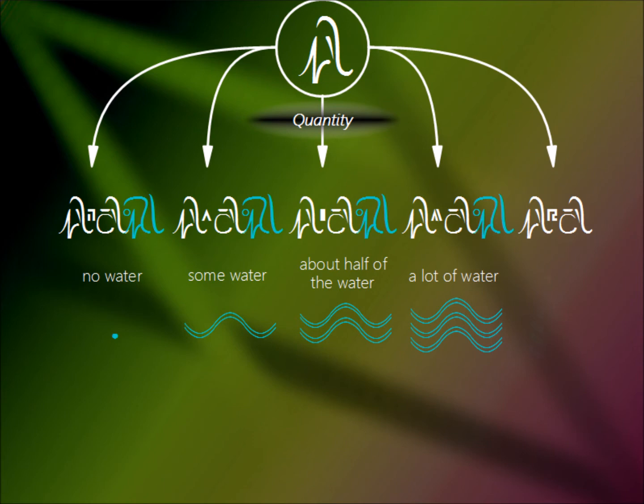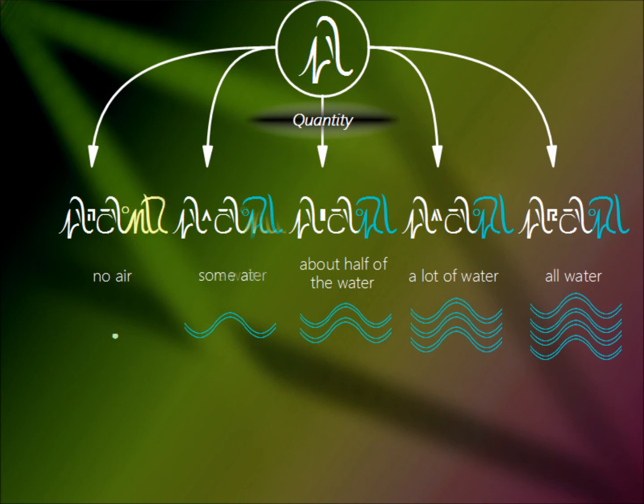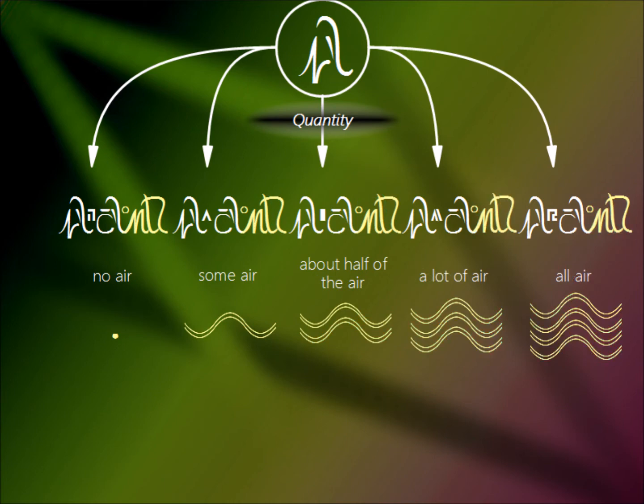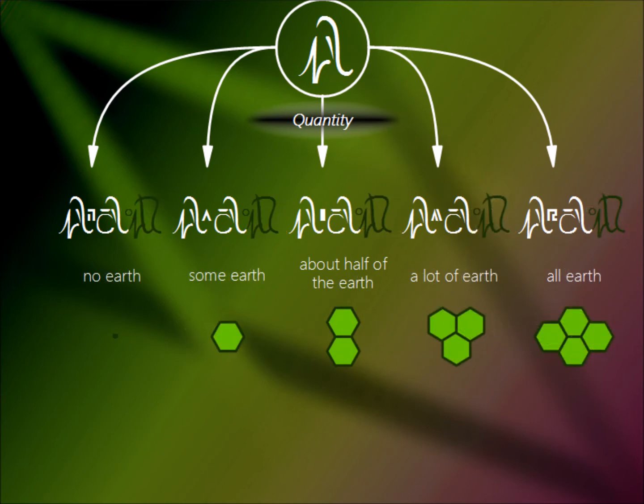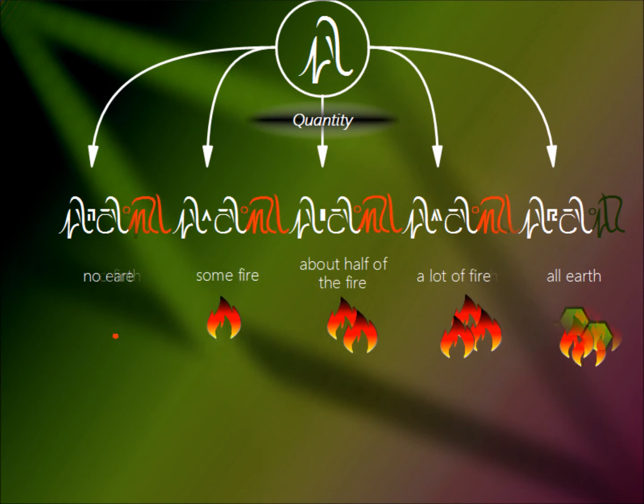And ka'ora goe means all of the water. For the sake of completeness, here is the same example with the other words in the traditional model of the 4 elements. There is deo for air, geo for earth, to be understood as soil, not the planet Earth, and finally doe, which is fire.